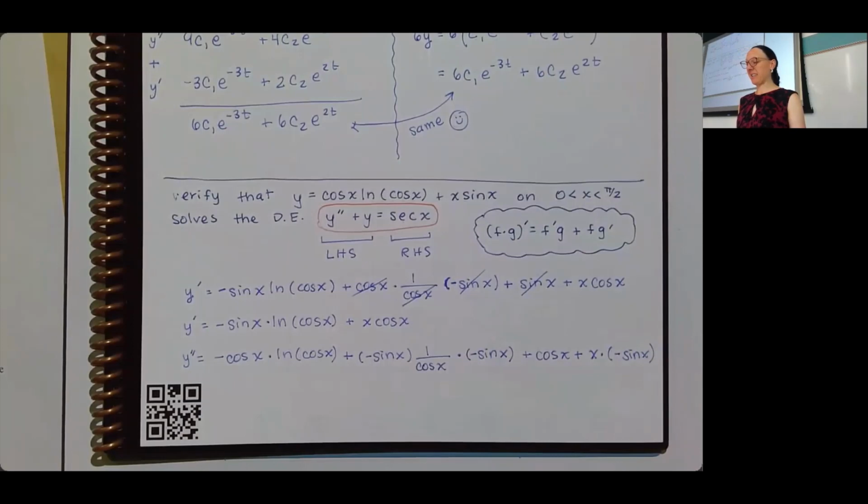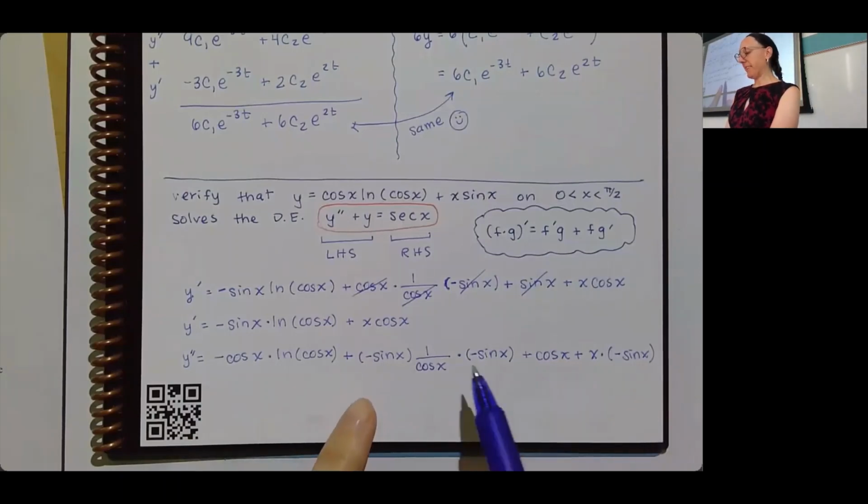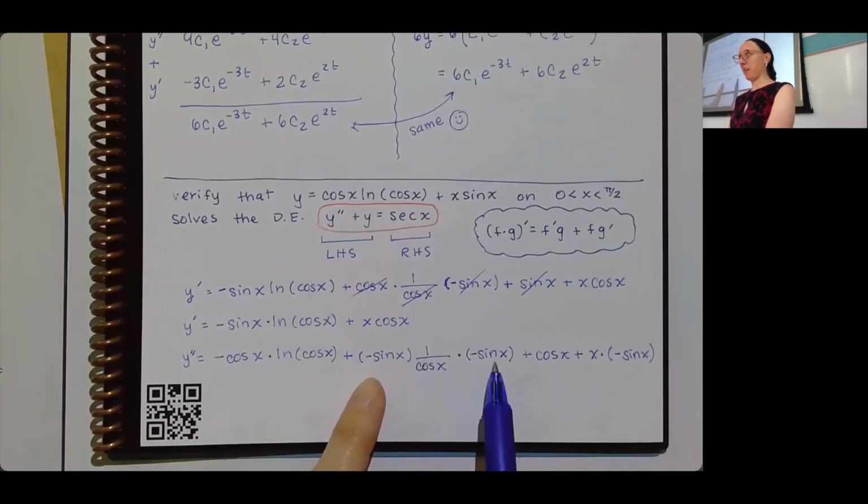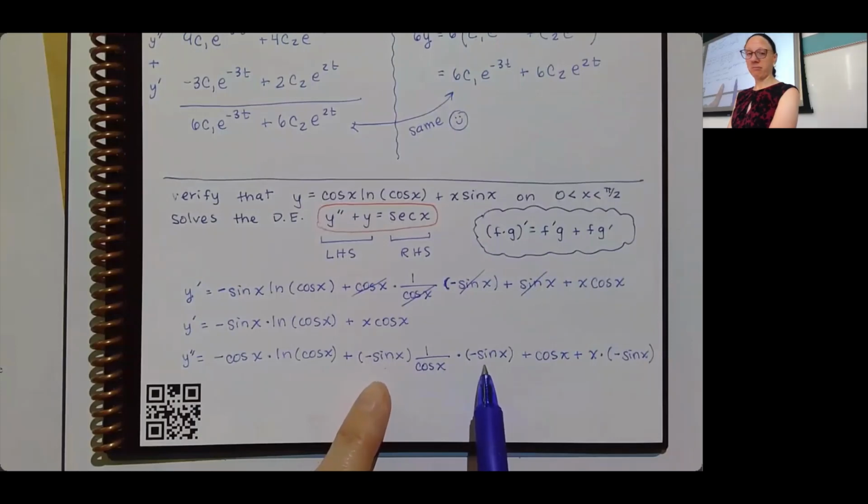I'm going to pause here and see if there's anything that I can simplify. And I'm not seeing a lot. The one thing that I could do is to take the negative sine of x times negative sine of x, and write that as sine squared. That's an option.